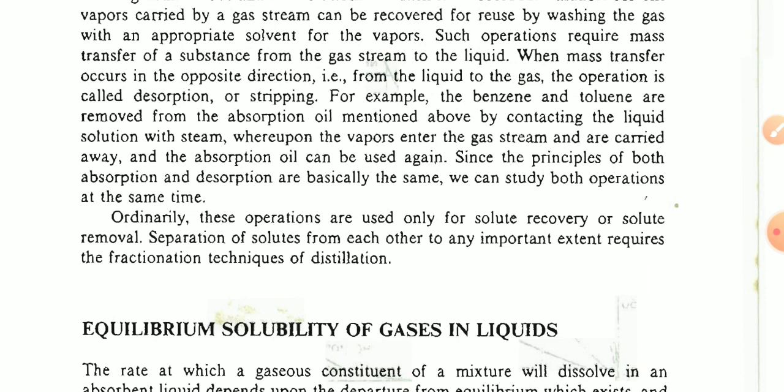For example, the benzene and toluene are removed from the absorption oil mentioned above by contacting the liquid solution with steam, whereupon the vapors enter the gas stream and are carried away from the absorption part. The oil can be used again.